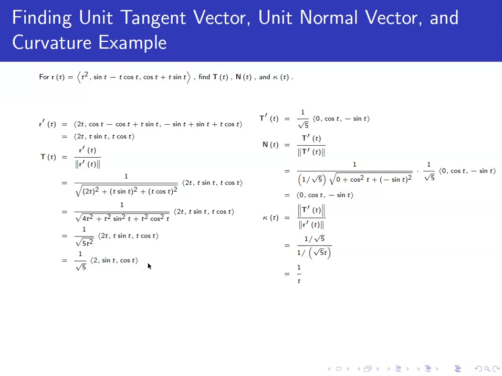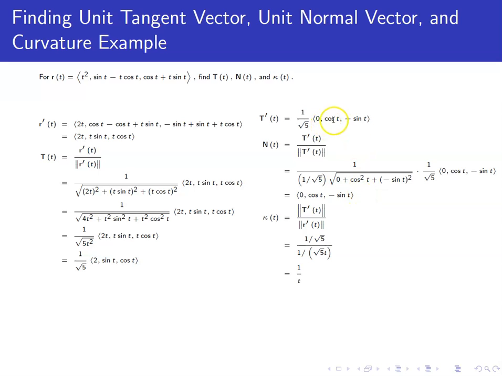To find the unit normal vector, we'll take the derivative of the unit tangent vector. We get 1 over root 5 times the vector 0, cosine t, negative sine t. So to find the unit normal, I need to take that derivative and divide it by its magnitude.